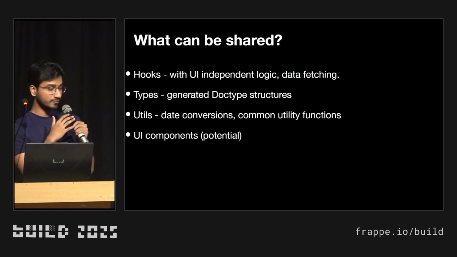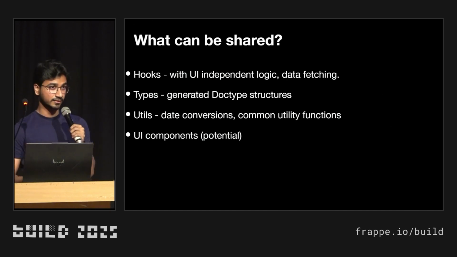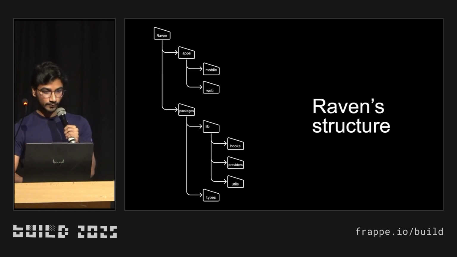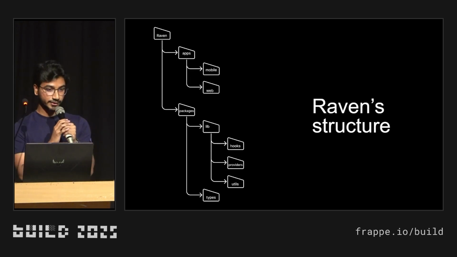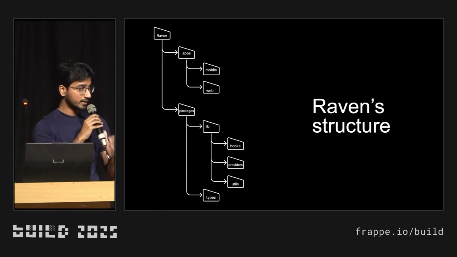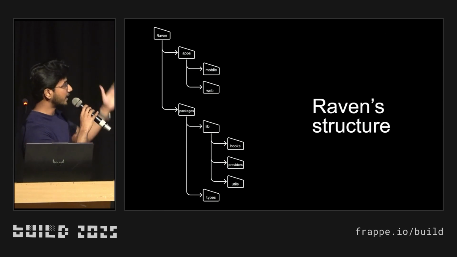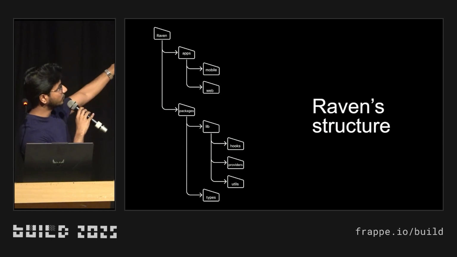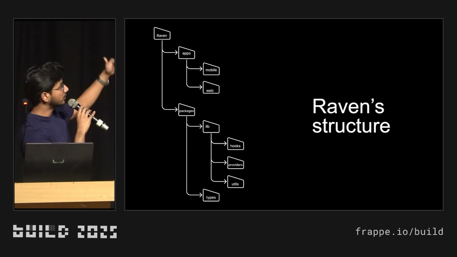And in future, we can share UI components as well, which we'll see later on how existing companies are doing it. Currently, Raven's repository structure is similar to this. We have the Raven repository main app. Then we have two directories. The first is apps. Apps contains the mobile side of code and the web side of code. And packages is what is being shared across those apps.